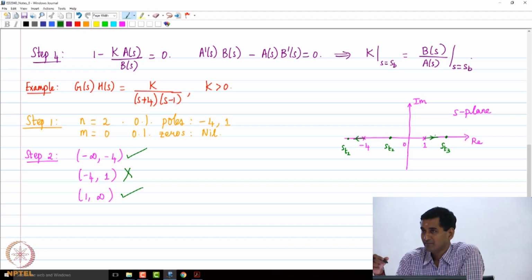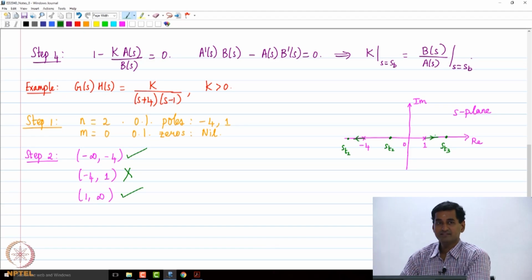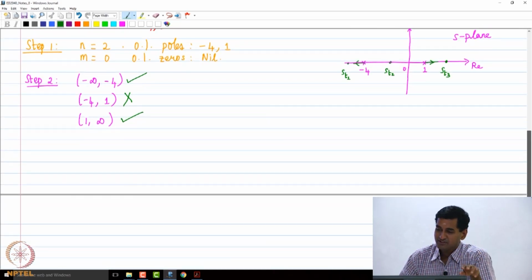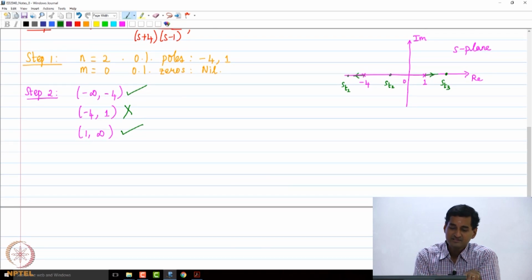The branch from -4 started towards the right, correct, and the branch from +1 started towards the left. Now the situation is just flipped, and that's due to the fact that the scenario has changed. So that's something which we need to observe. So let's go to the next step, let's go to step 3.